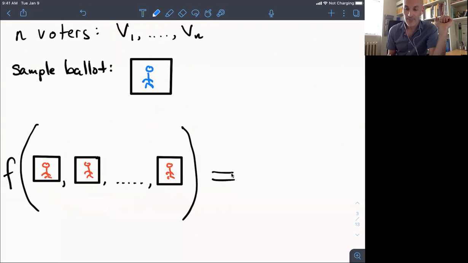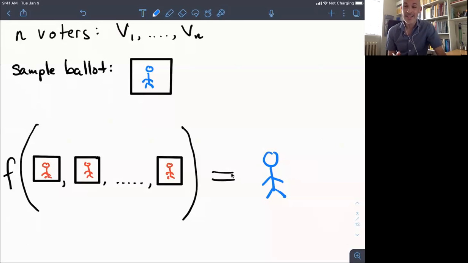Everybody voted for the red person, and the outcome is the blue. This would be like a voting procedure in which everyone votes for who they think is the best candidate, and the taller person wins. That's what this function does.